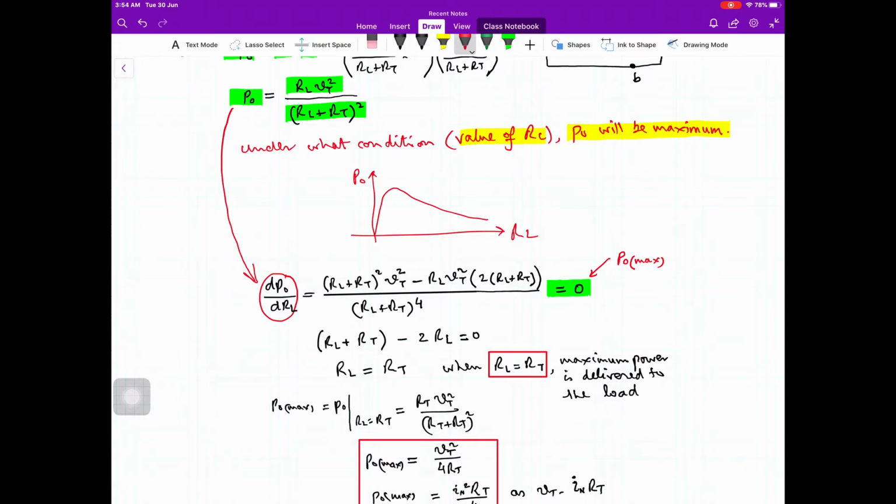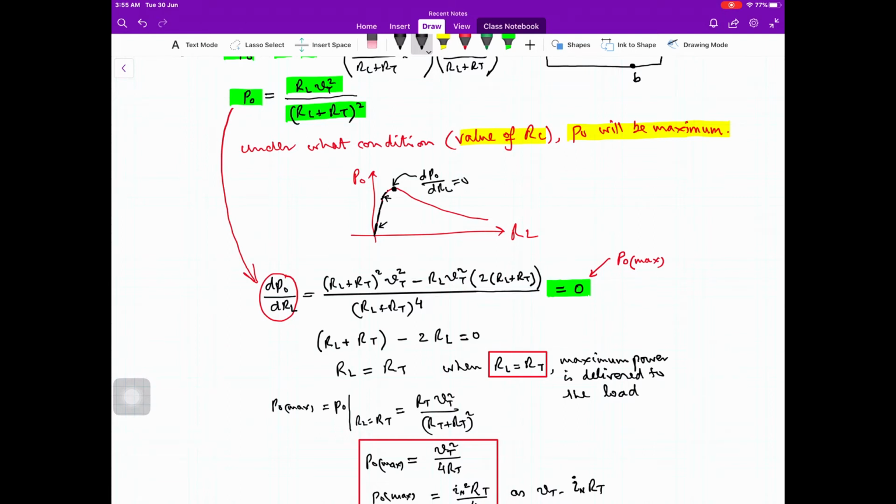Now if we see the rate of change of power during this segment and then the next segment, we see that the rate of change is much higher as compared to the rate of change over here. And finally at the peak, the rate of change with respect to RL is 0, and this is the maximum value.